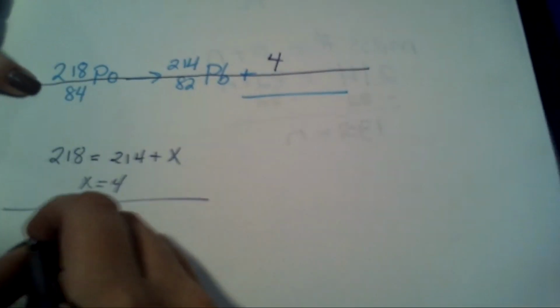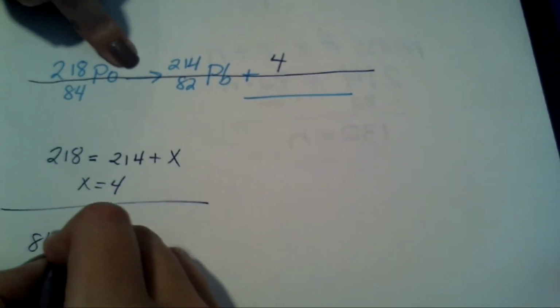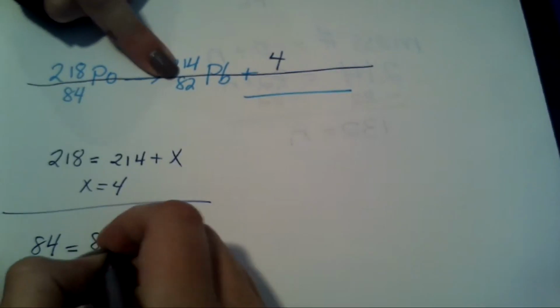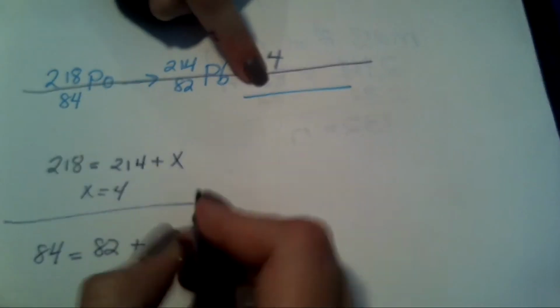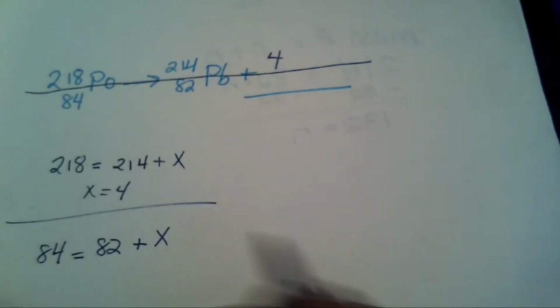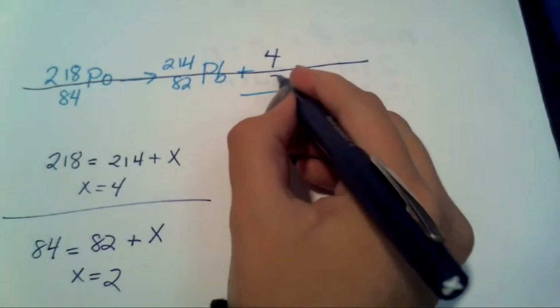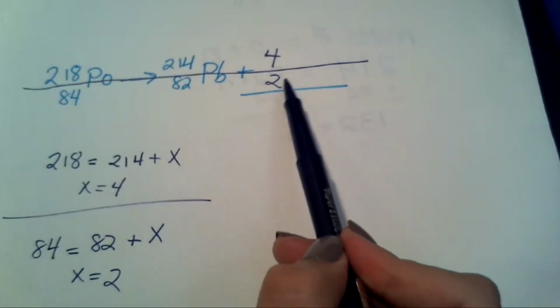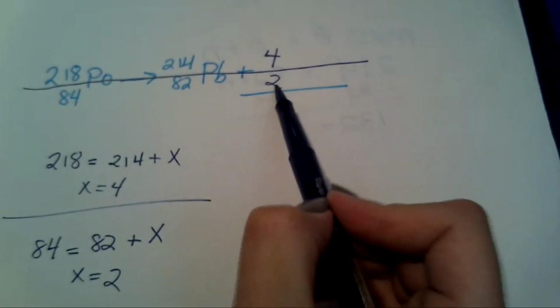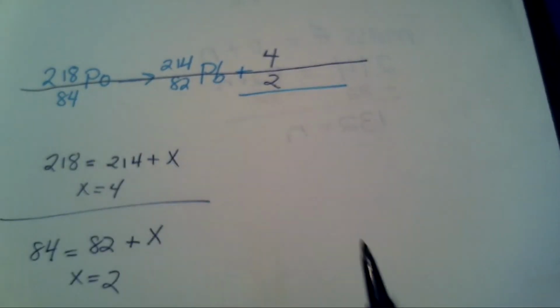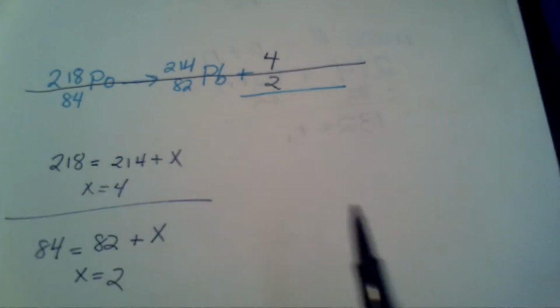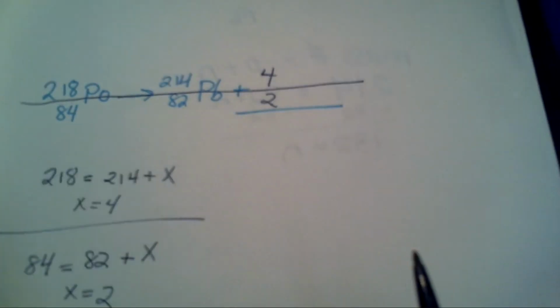Then for the bottom, you have 84 equals 82 plus an unknown. Name it x. Do the math. X turns out to be 2. If the 2 is on the bottom, then that means this is atomic number 2. Atomic number 2 is helium.